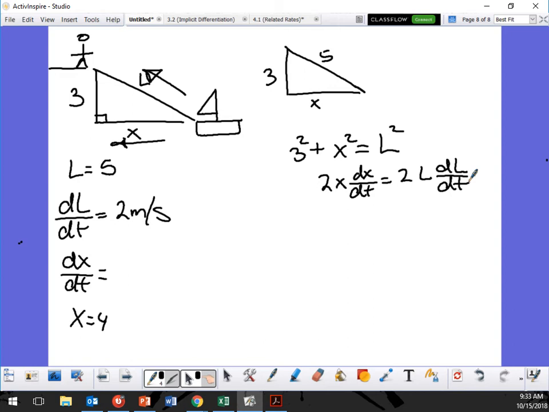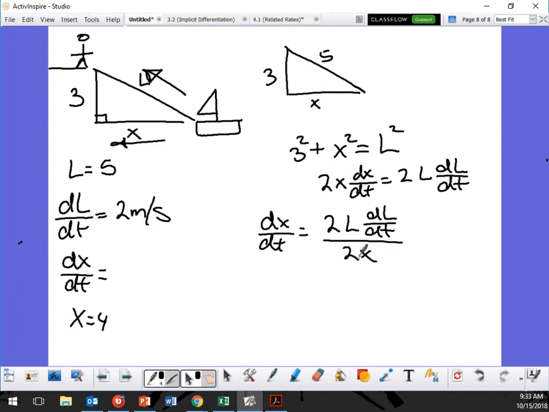So now I could just divide both sides by 2x and I'll get my dx/dt. So dx/dt is equal to 2L dL/dt over 2x.